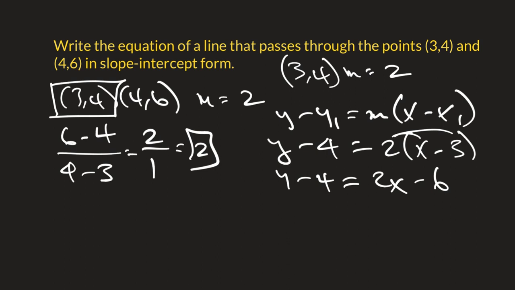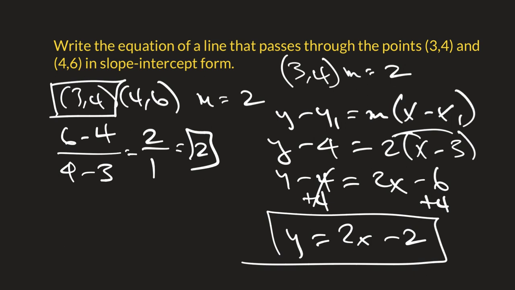What's the one number that's going to need to move to get y by itself? And how's it going to move? Perfect. Add 4 to both sides. Y equals 2x. And then what is negative 6 plus 4? There you go. Y equals 2x minus 2.